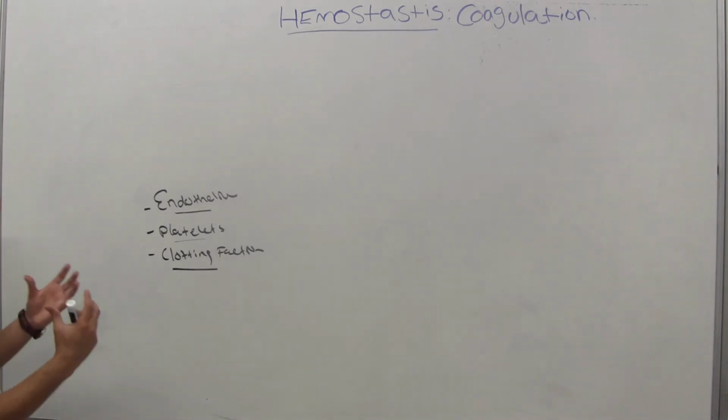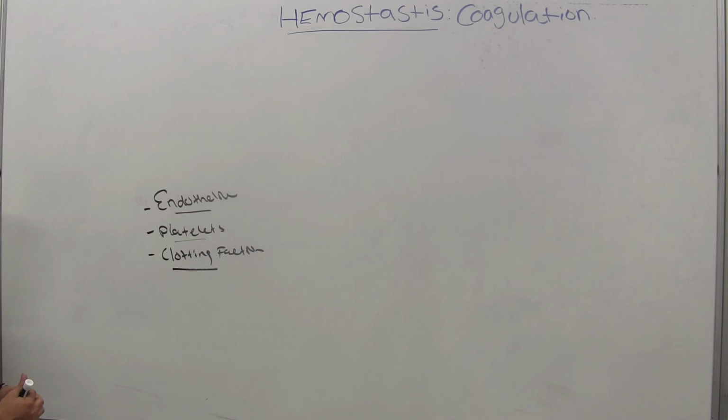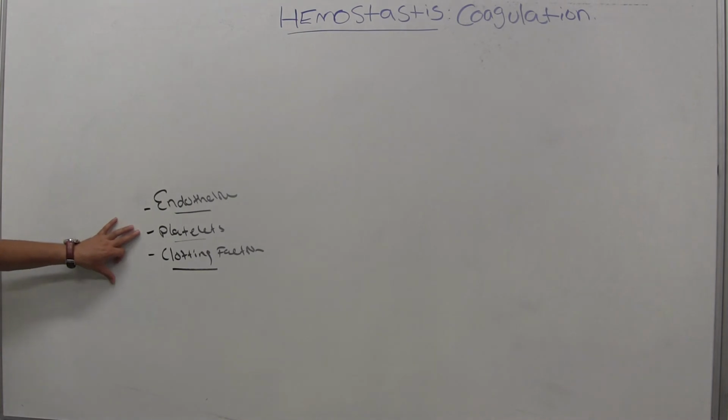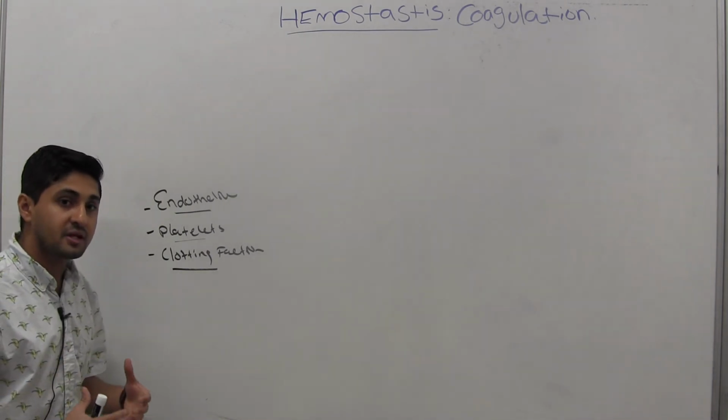So basically, hemostasis is the process that requires all these different components at the site of the vascular injury in order to stop bleeding.